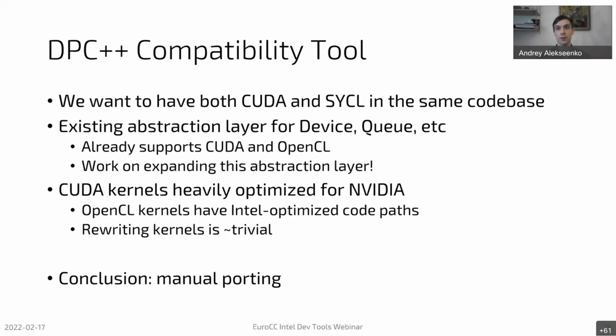And for GROMACS, which already had multi-vendor support via OpenCL, it was more crucial to get nice and maintainable code rather than to get some hacky implementation that runs but is not long-term supportable.